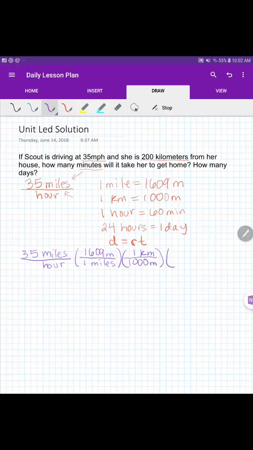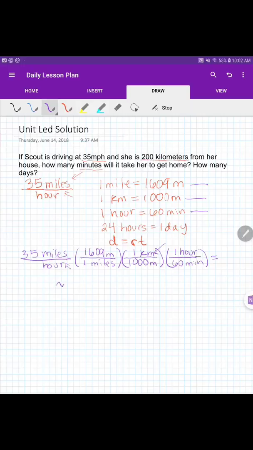Now we're in the kilometers like we wanted, but we're still in hours. So let's go ahead and convert our hours into minutes. So this time, it's going to be in the numerator because we want our hours to cancel out. They've got to be on opposite sides of that divisor. And then 60 minutes. So we use this factor, and this factor already.